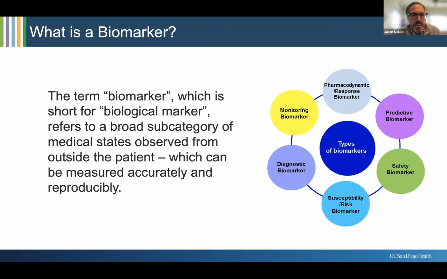The term biomarker, which is short for biologic marker, refers to a broad subcategory of medical states observed from the patient, which can be measured accurately and reproducibly.